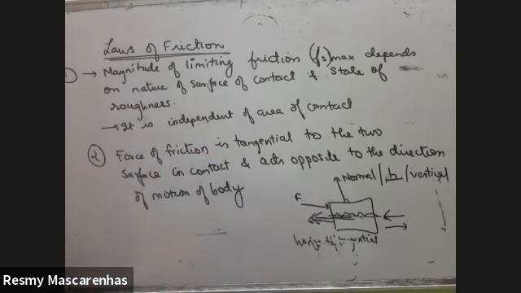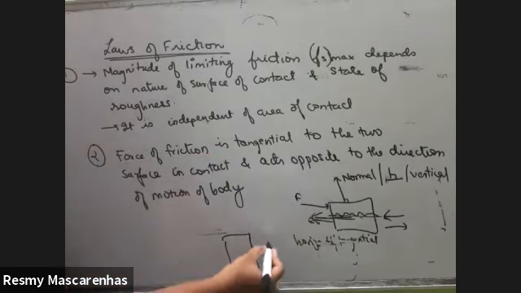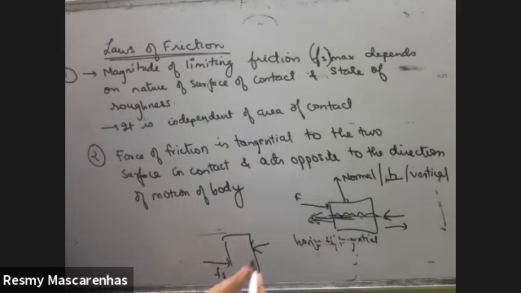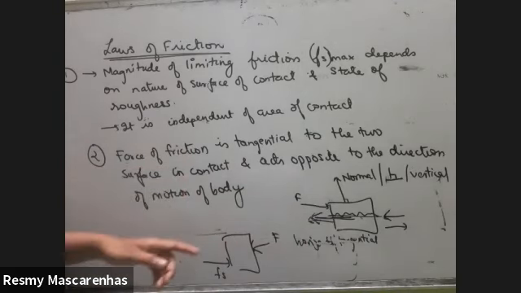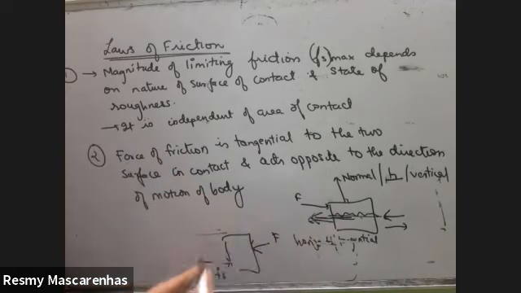So if your external force is applied this side, then friction will be on the opposite side. So force of friction is tangential, meaning horizontal to the two surfaces in contact, and acts opposite to the direction of motion of the body. If your body is moving like this, friction will be on the opposite side.